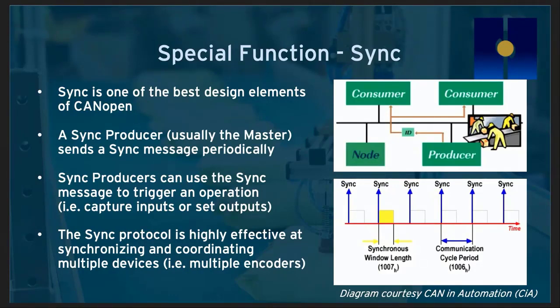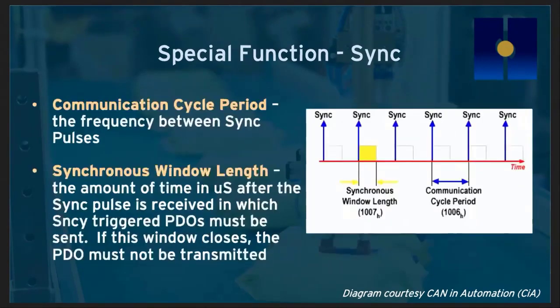Field buses don't work well for encoders because the data comes back non-synchronized. Well, with CANopen, it stays synchronized. How does that happen? Well, the master, in this case the OCS, sends out a sync pulse, let's say every 20 milliseconds.